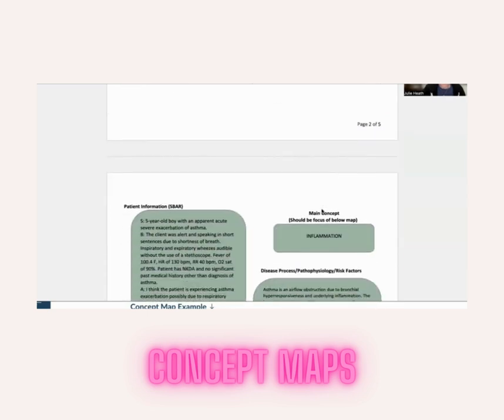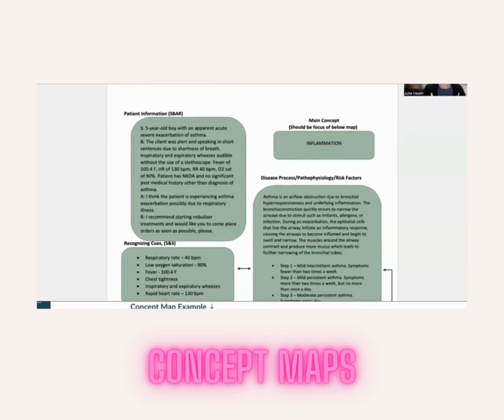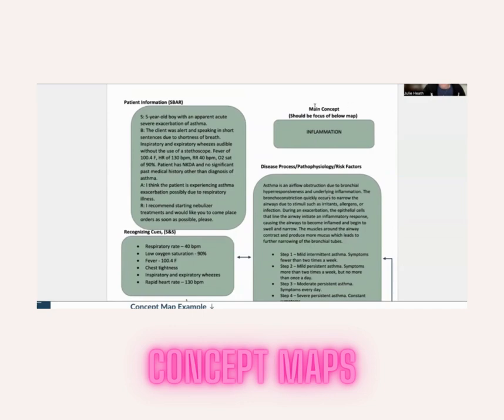Okay. So I'm going to go back here for a second. You have your main concept, which they've decided to choose inflammation as their example concept. And then they're going to put their SBAR here. Go back and look at the SBAR tips page on the ELO. That's very helpful information if you're not sure what an SBAR is or how to go about listing it.